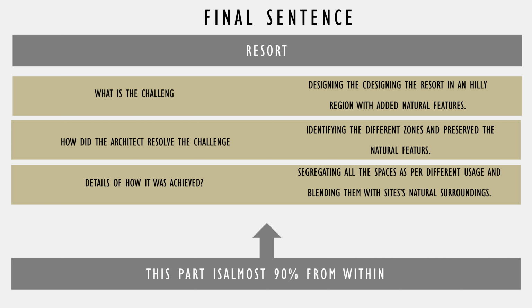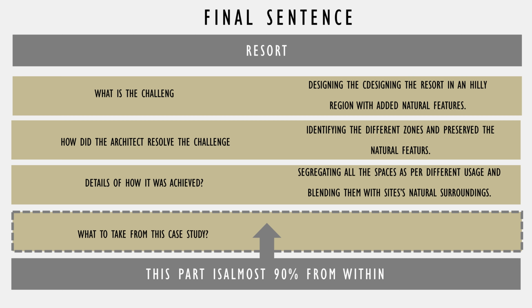Details of how it was achieved. Segregating all the spaces as per different usage and blending them with the site's natural surroundings. What to take from this case study? Optimum modulation to the site and understanding the context. Again, this part is almost 90% from within.